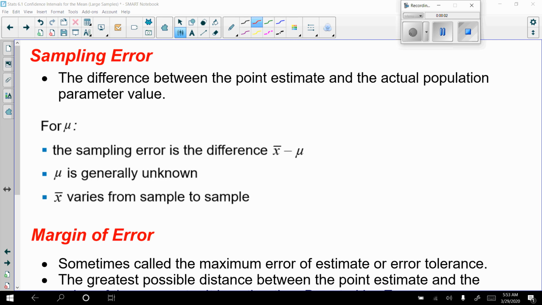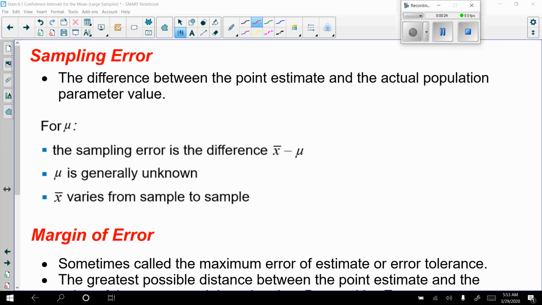Now, before we actually find that interval, we need to talk about sampling error. Whenever you're dealing with data and not the whole population, you're always going to have a chance of being wrong. How much you can be wrong is determined by what we call sampling error.